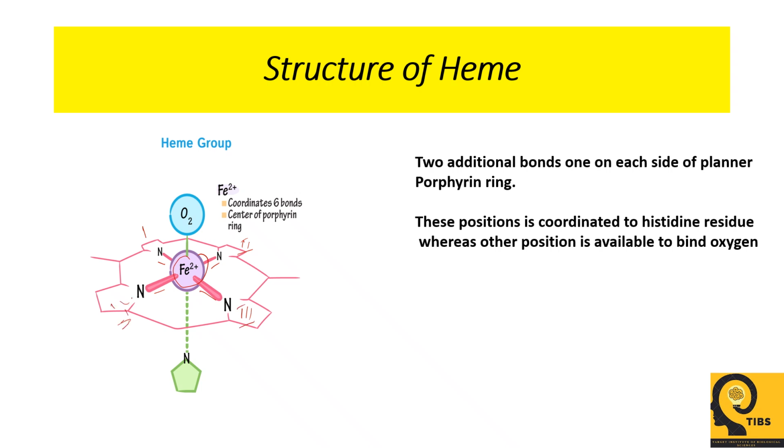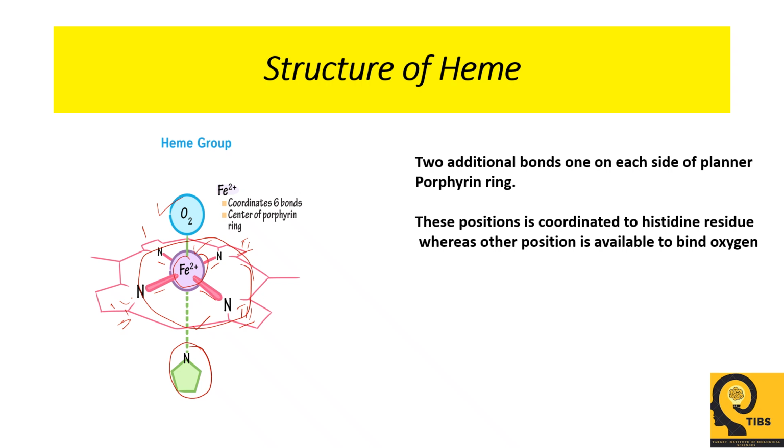The other two valencies, bonds 5 and 6 mentioned in green color, are perpendicular to the four pyrrole rings. The fifth is directly attached to a histidine, and the sixth is available to bind oxygen. These are two additional bonds on either side of the planar porphyrin ring.